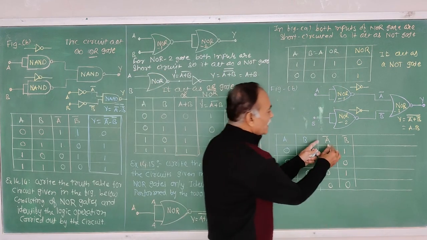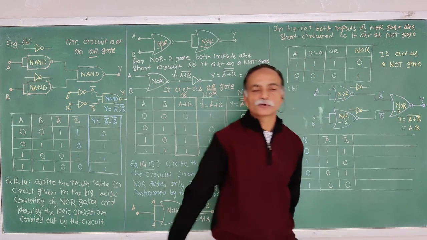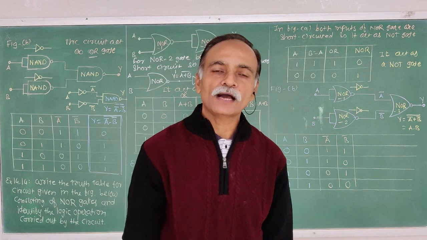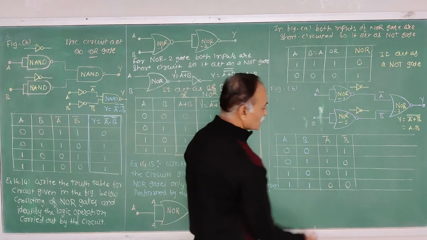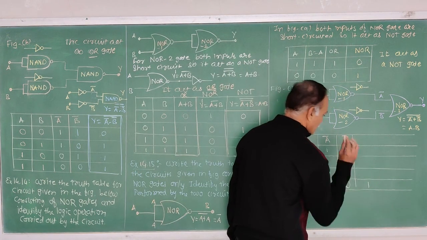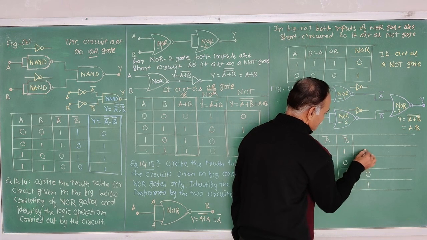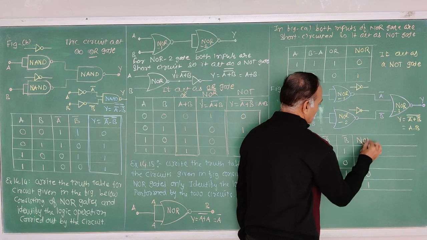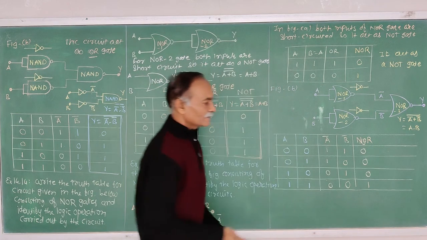These A bar and B bar are given to the NOR gate. The NOR gate has the characteristic that if both inputs are 0, output is 1, otherwise 0. That is the output of the final NOR gate.